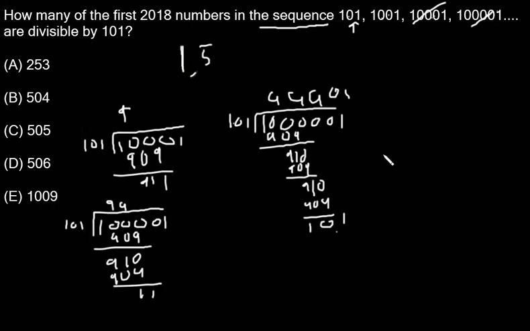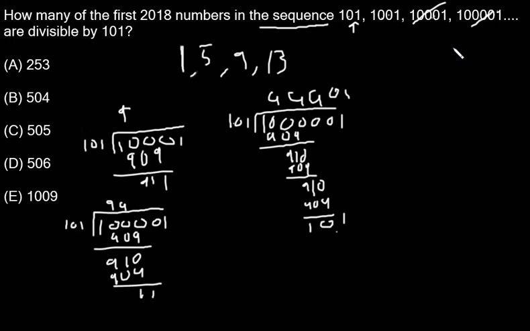So I tried dividing 101 by 9 zeros as well, and that was a factor too. I did it with 13 zeros as well, and the 1 with 13 zeros is also divisible by 101. So we see it.